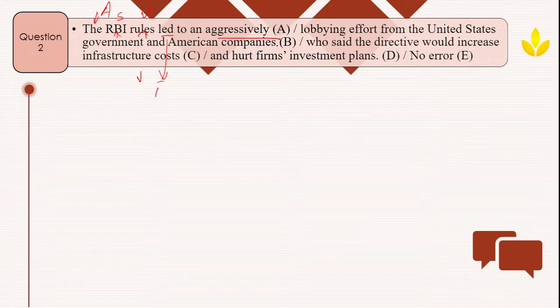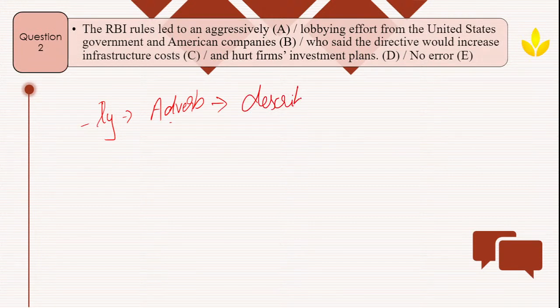To an aggressively. Aggressively is an adverb. For example, any word that ends with ly is called an adverb. Most probably an adverb will end with ly. So what is an adverb? It describes the verb.